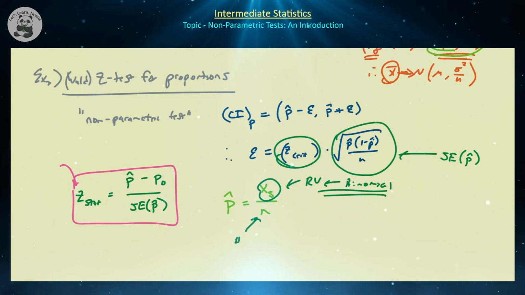So one can say, okay, well, this random variable is associated to a binomial distribution, but we don't have a binomial critical value, or at least it's not commonly taught anyway. So where does this z critical value come into the picture?